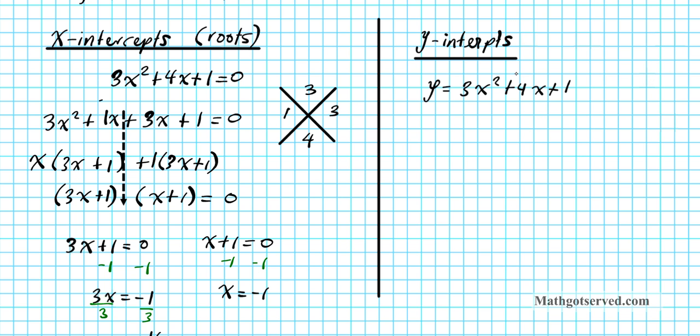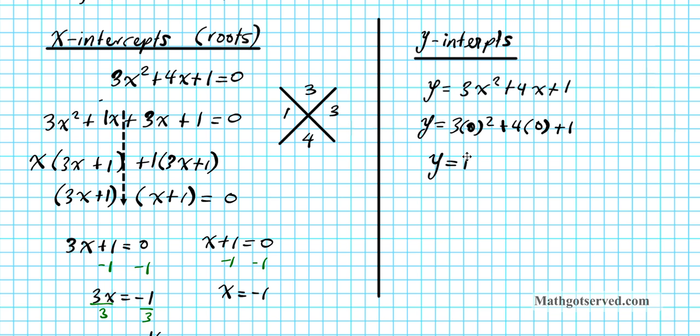In standard form, the y-intercept is always c. So we can clearly see that the y-intercept is 1 here, because that's the value of c. If we want to work it out, we set x to 0. The first term becomes 0 because x is 0 multiplied by 3, and the second term is also 0, because when x is 0 multiplied by 4, you get 0, plus 1. So you clearly see that your y-intercept is 1.